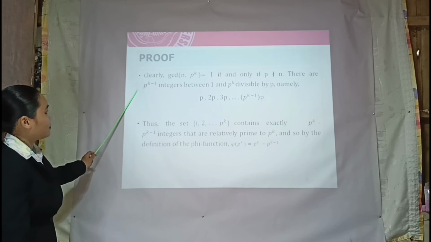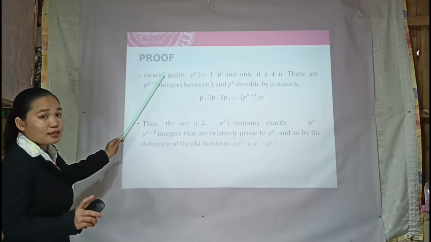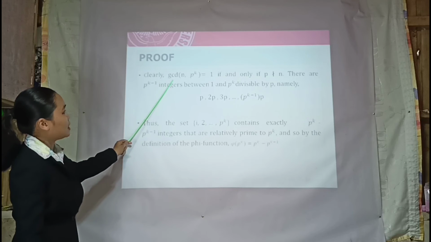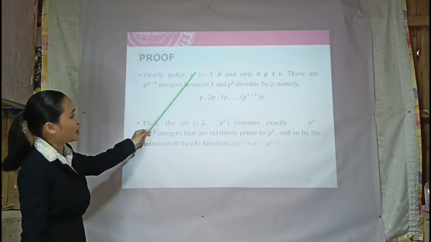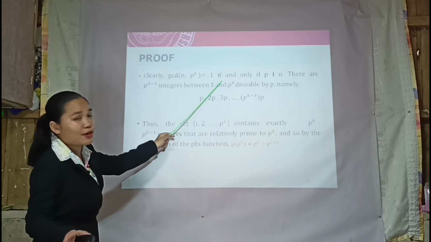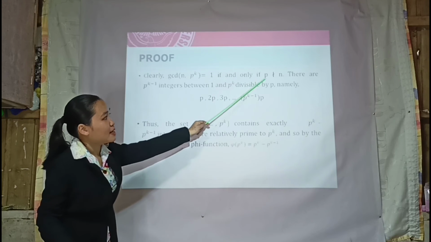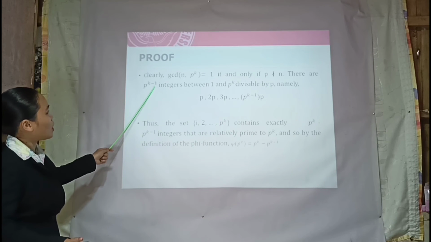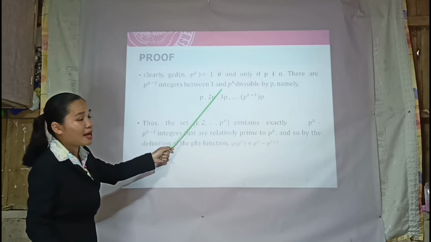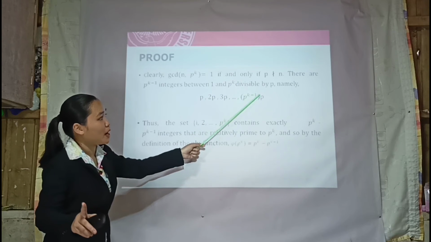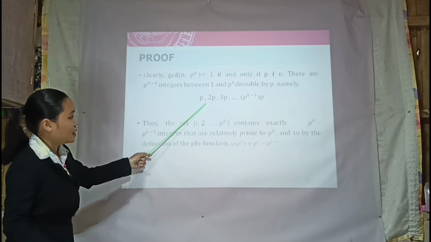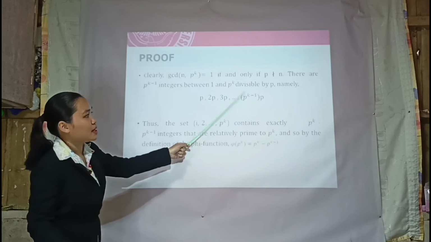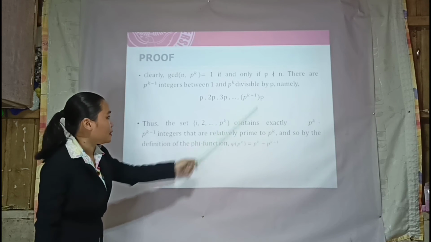Okay. Proof. Clearly, please take note, GCD of n and p raised to k is equal to 1 if and only if p does not divide n. There are p raised to k minus 1 integers between 1 and p raised to k divisible by p, namely p, 2p, 3p, until p raised to k minus 1 times p.